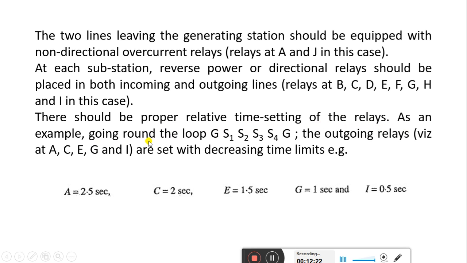As an example, going round the loop from S1, S2, S3, S4 to G, the outgoing relays A, C, E, G and I are set with decreasing time limit settings, as shown in the figure. So let us go to the previous diagram.